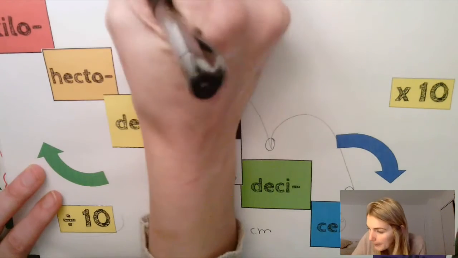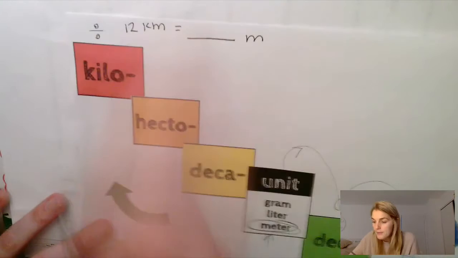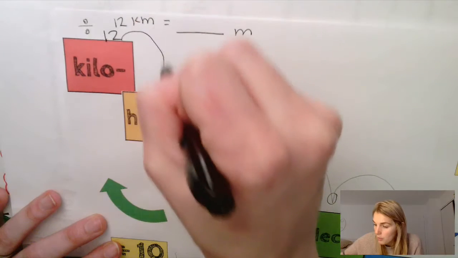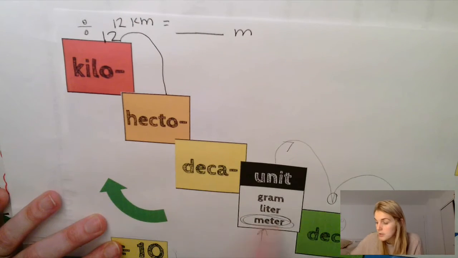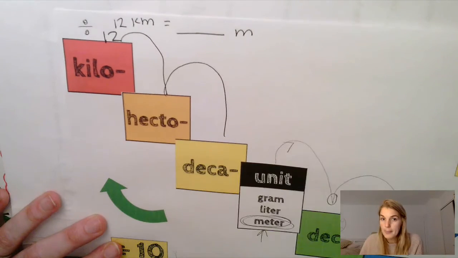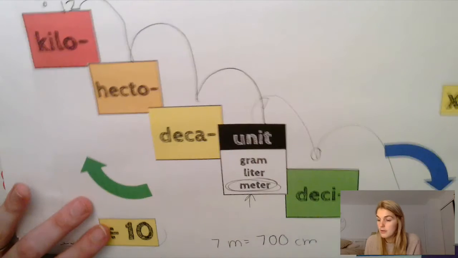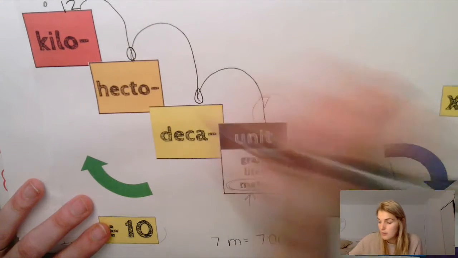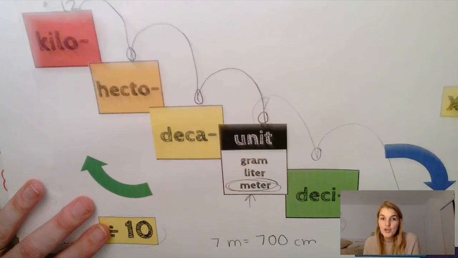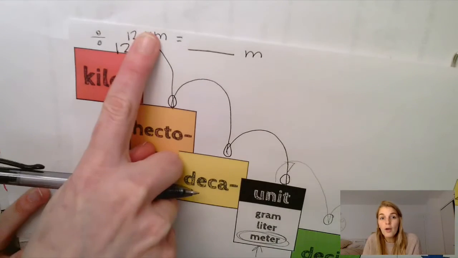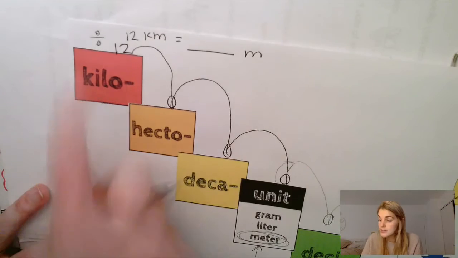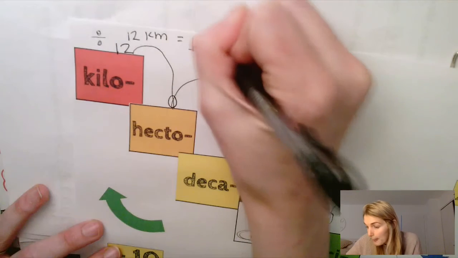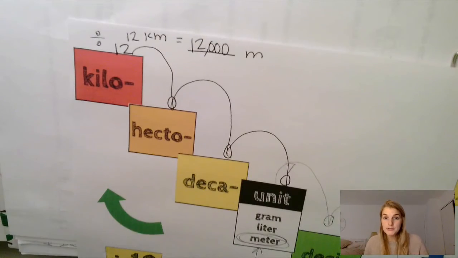Equals blank meters. So let's see. If I have 12 here, I'm going down 1. And remember, I'm going to meters. 2, 3. So that means 1, 0, 0, 0. So that means 12 kilometers is 12,000 meters.